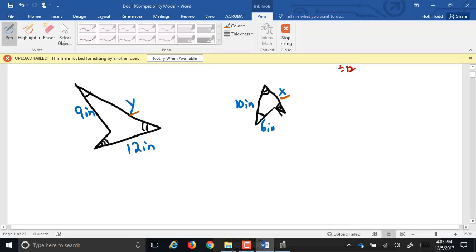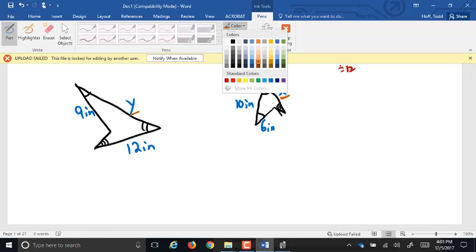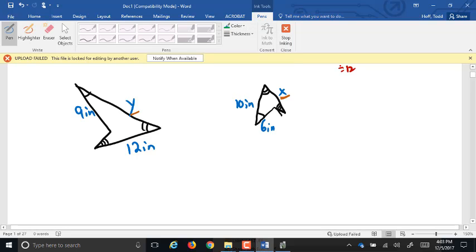Okay, so what is our pair of corresponding sides that we know from both figures? 9 and 6, and it doesn't matter which one goes on top. So we'll put the 9 over 6. To find X, where is X going to go, top or bottom? It goes on bottom because it's from the same figure as the 6. What's its corresponding side?